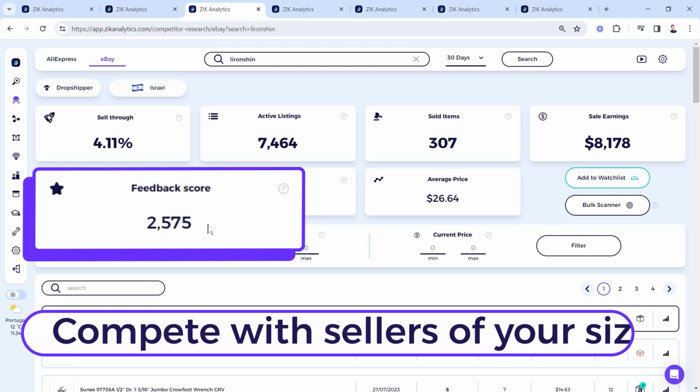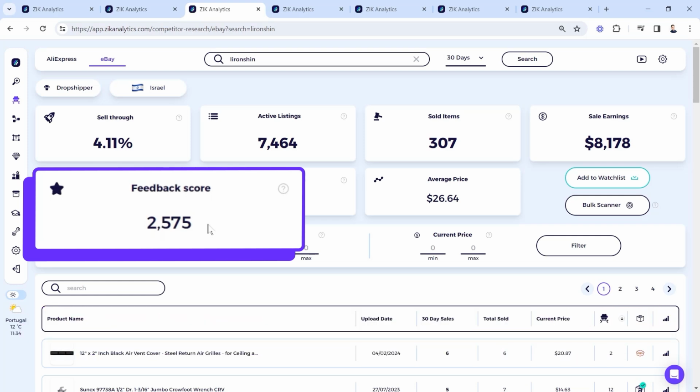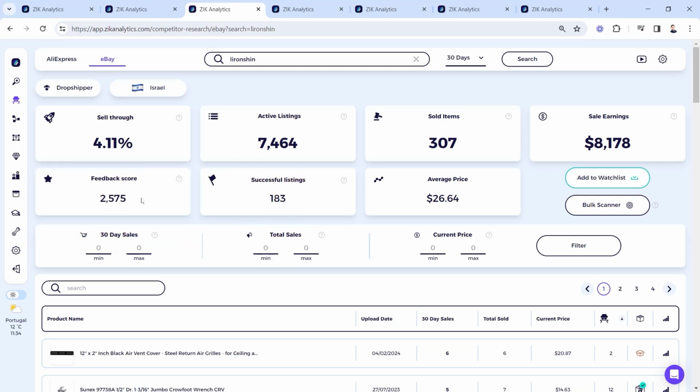You don't want to go after sellers who have 200,000 feedbacks and millions of sales. You would prefer to go after sellers who have 3,000 feedbacks, 2,000 feedbacks, 500 feedbacks. And of course, it depends on your level. If you're already an advanced seller with a lot of sales, then you're going to compete with bigger sellers, okay? You don't have to be fixed on that, but it should give you some perspective on which to base your decision.